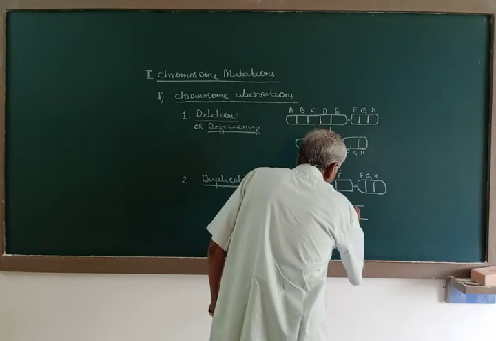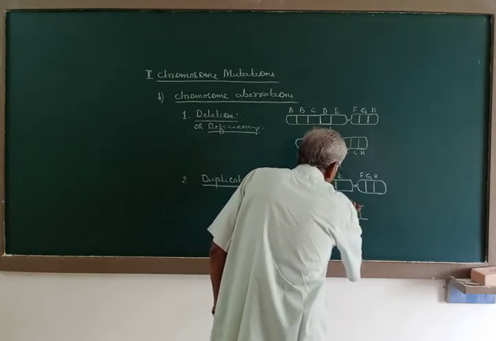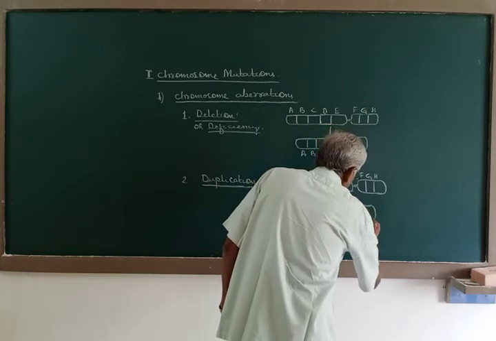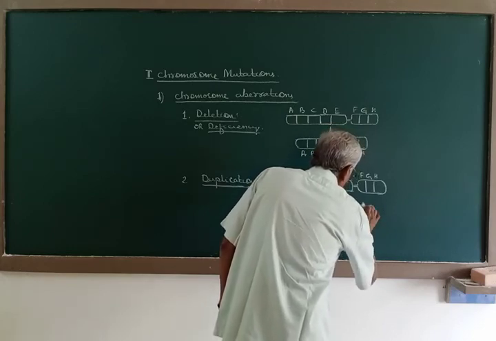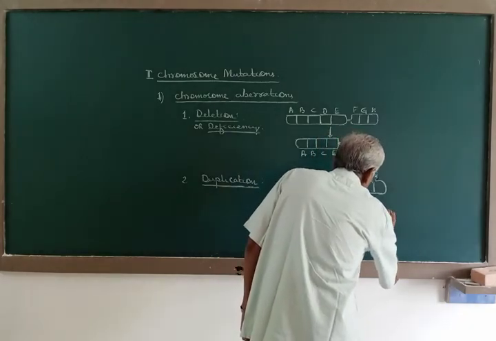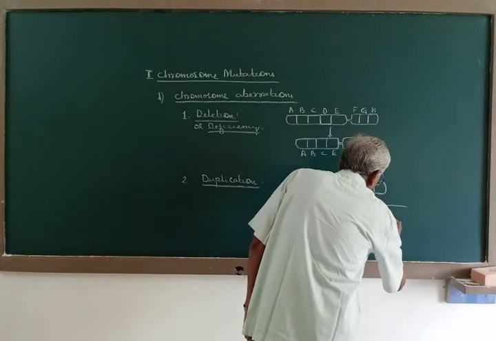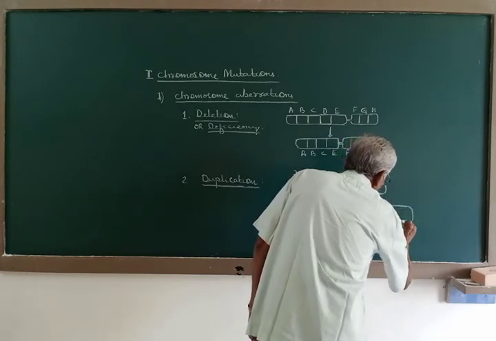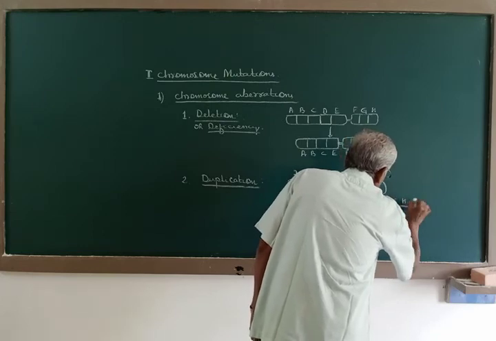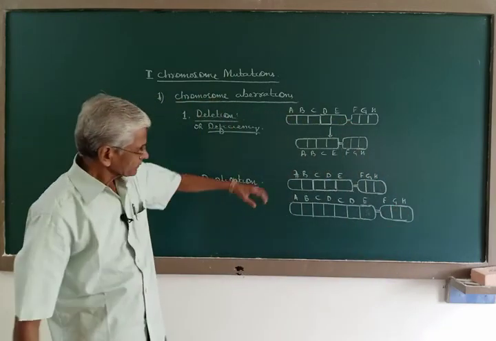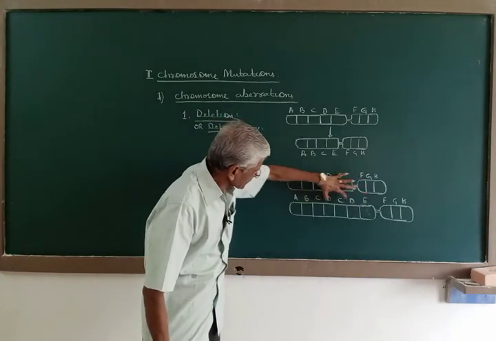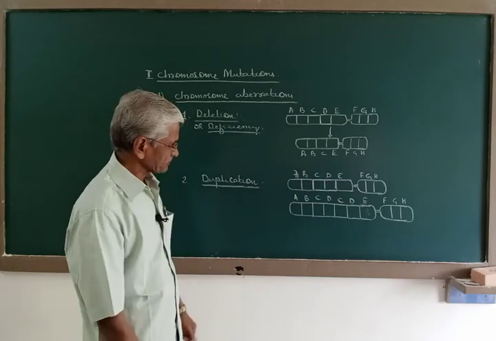So these two segments will again repeat. Again C and D. And this is the E part. So here, this segment has been doubled. This part appears twice.